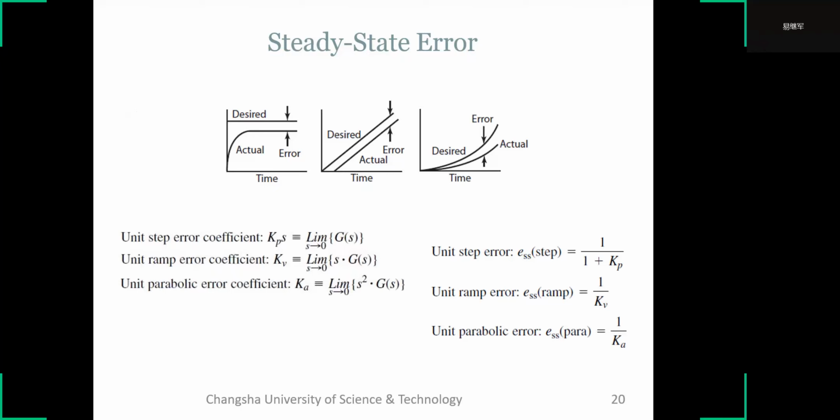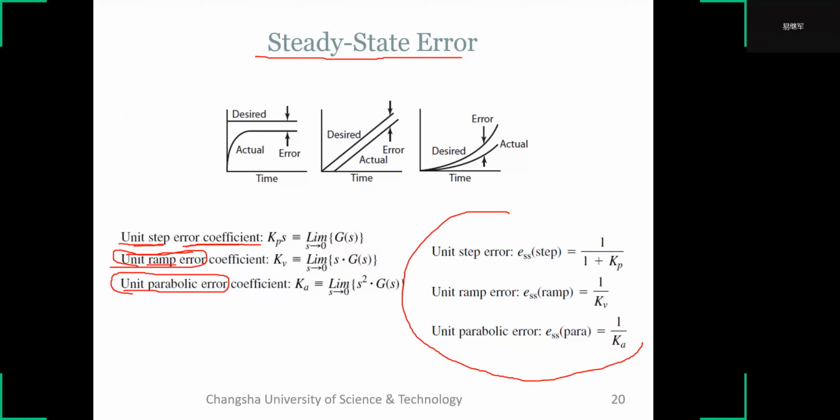This is the steady state error. This is the unit step error coefficient. This is the unit ramp error. This is the unit parabolic error.